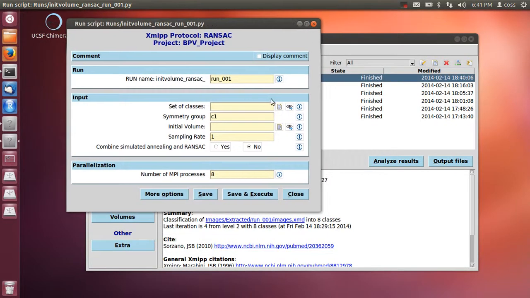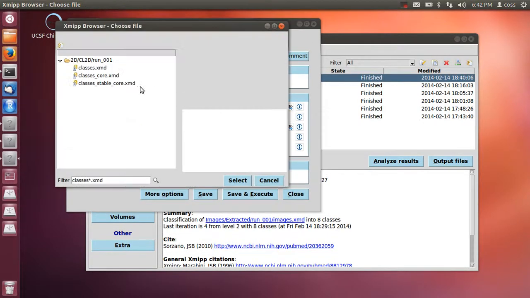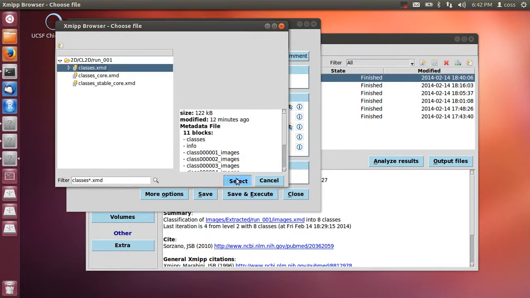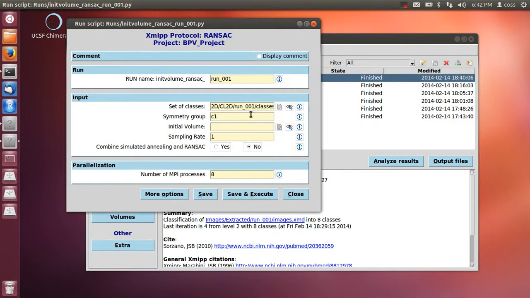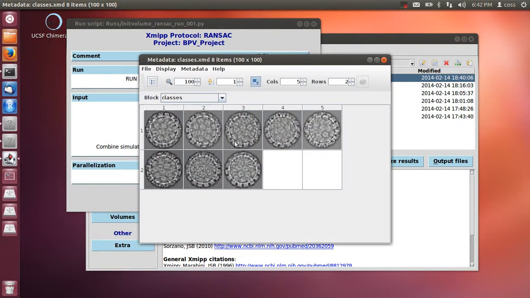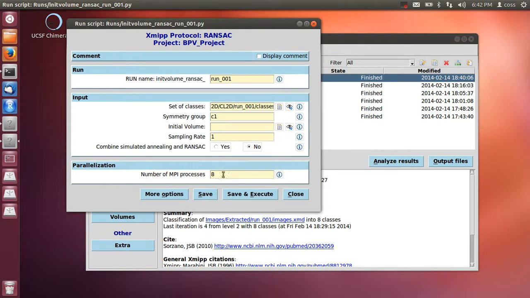Transact takes a set of classes, so let's say our classes, and you may use these icons to visualize, to check that you have chosen the right file, and then you provide some information that you have. For instance, we know we are reconstructing viruses, and these viruses have some symmetry.